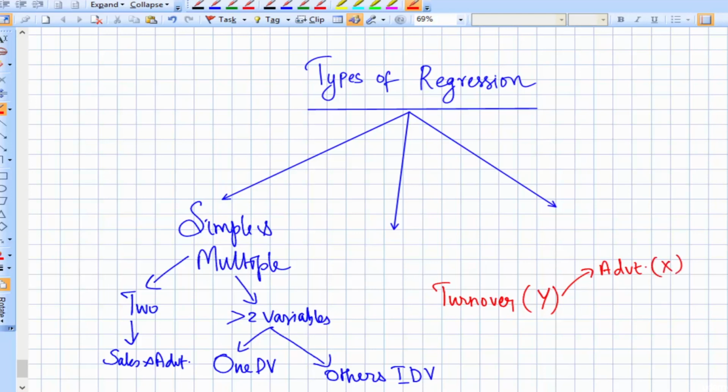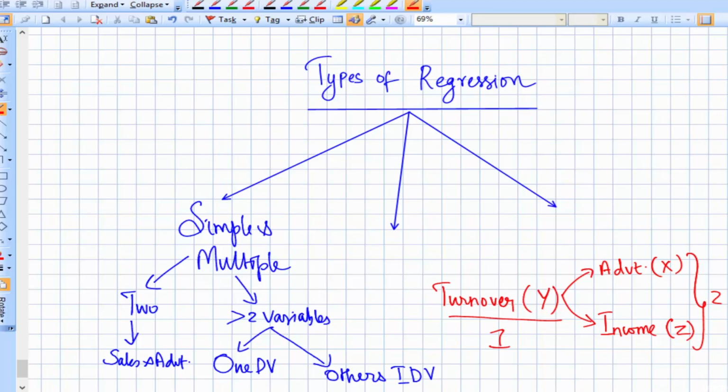It is also dependent on the other variable called income of people. So this is multiple regression where you basically have three variables, in which one is dependent whereas two variables are independent in nature. So that's about simple and multiple.